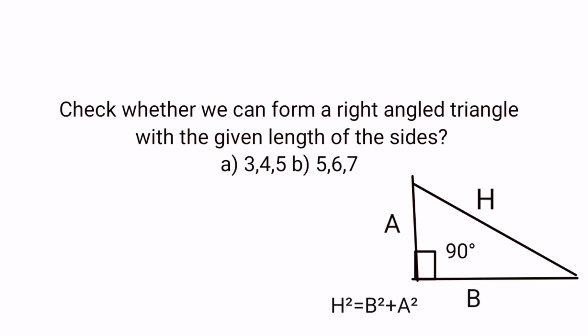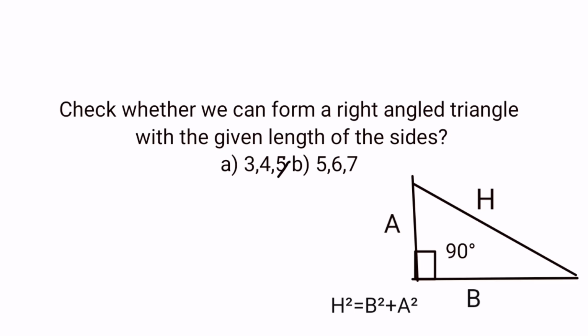So, the first option is 3, 4, 5. We know that hypotenuse is the longest side of that triangle. So, here the hypotenuse will be equal to 5. Hypotenuse square will be 5 square, that is equal to 25.